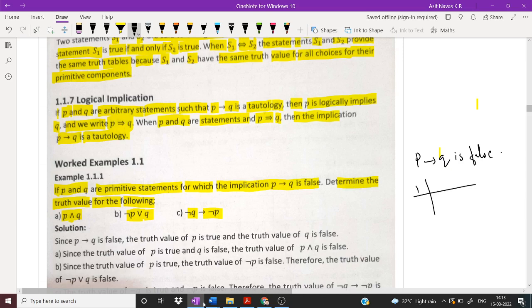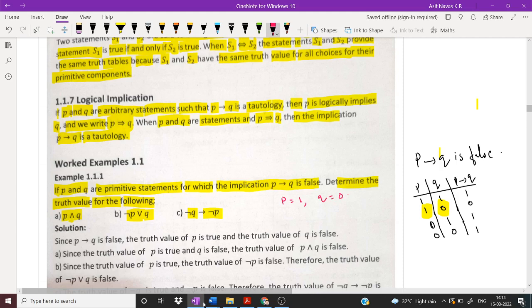We know the truth table of P implies Q. P true, Q true, P implies Q is true. P true, Q false, P implies Q is false. P false, Q true, P implies Q is true. Both false, then P implies Q is true. So P implies Q is false only when P is true and Q is false, that is, P is 1 and Q is 0.